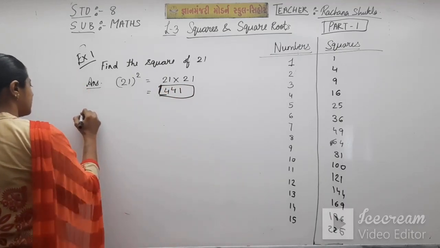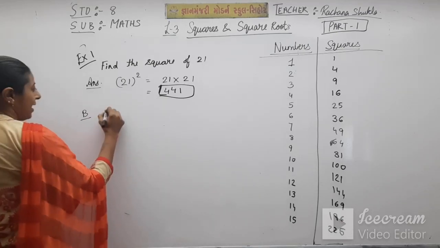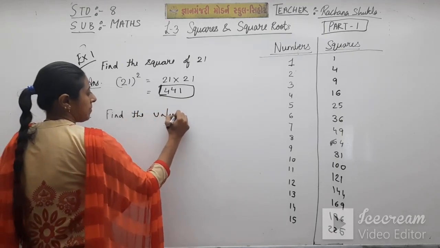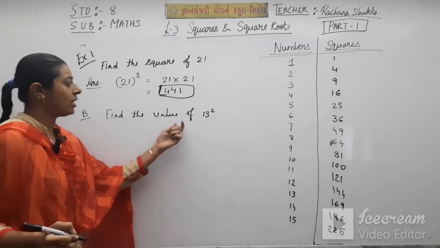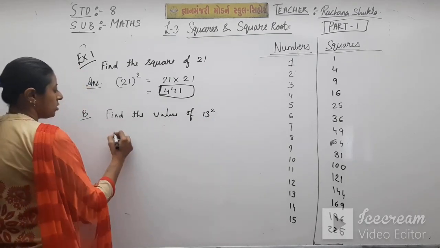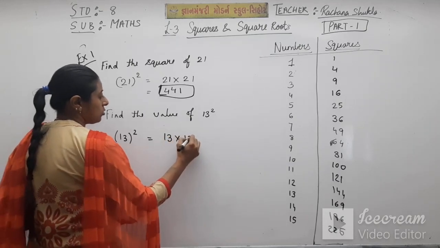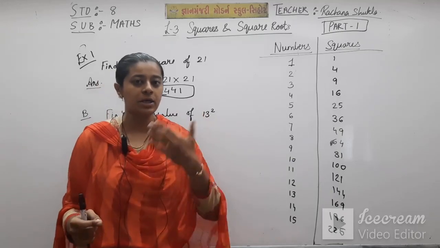Then next, example 1b, find the value of 13 square. So 13 square is 13 into 13. Now you already have learned the squares up till 20.